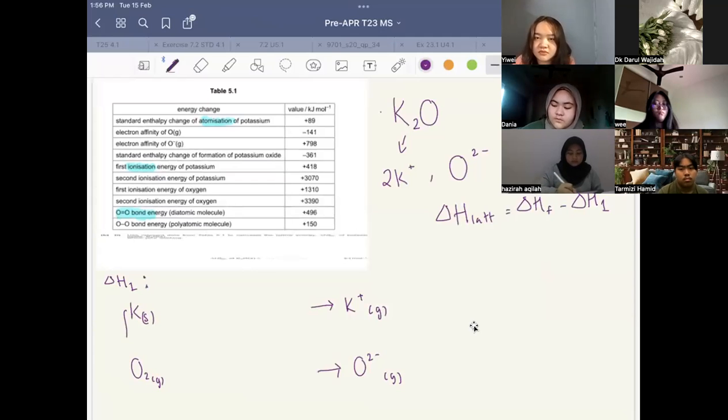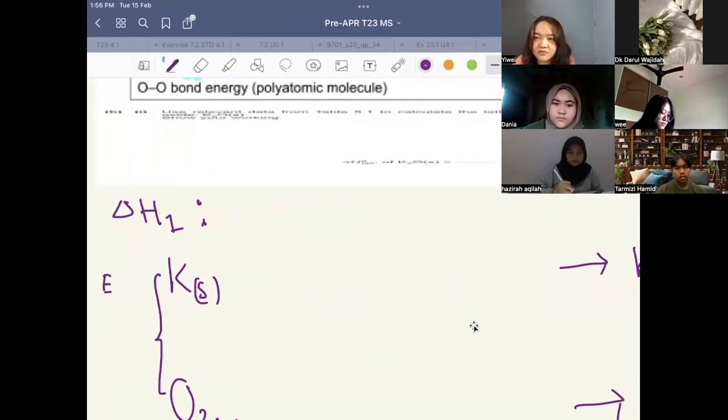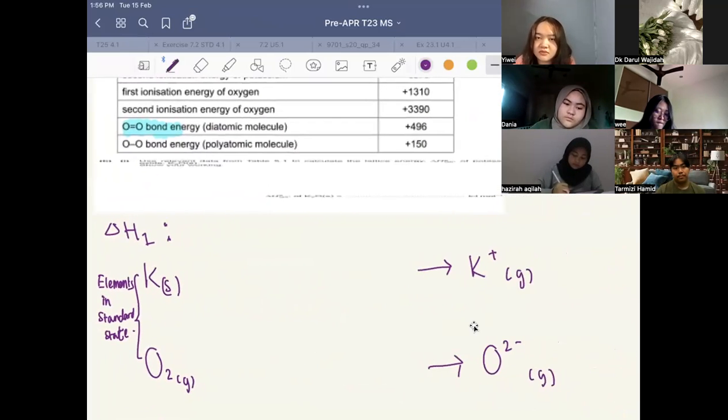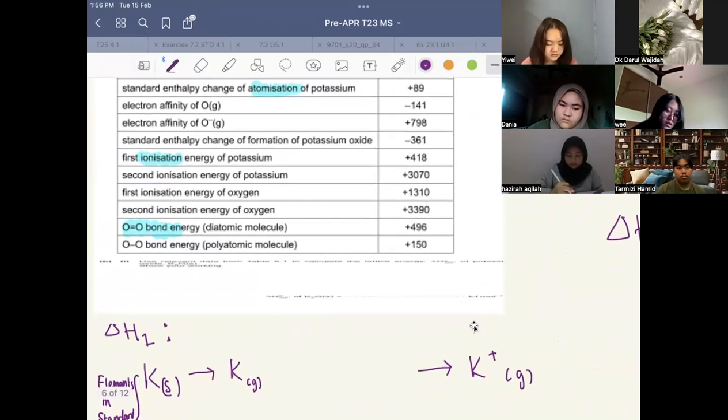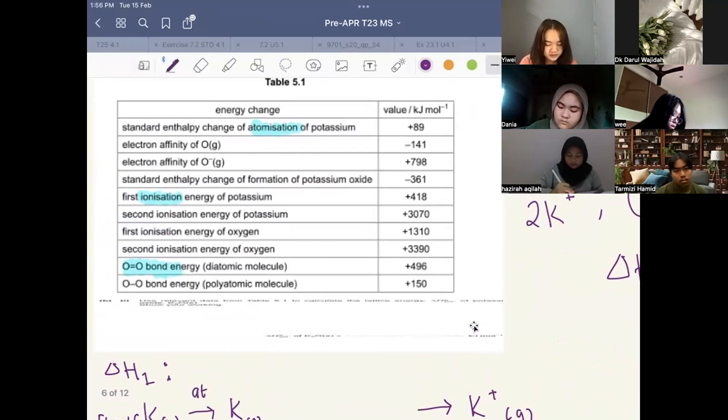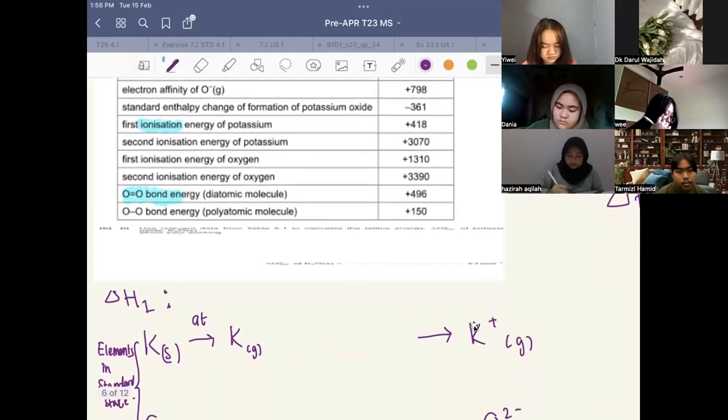So these are your elements in standard state. Okay, so as usual, your potassium is a metal solid. We need to convert it into a gaseous atom, and that is atomization of potassium. Okay, I've already highlighted that for you in blue.